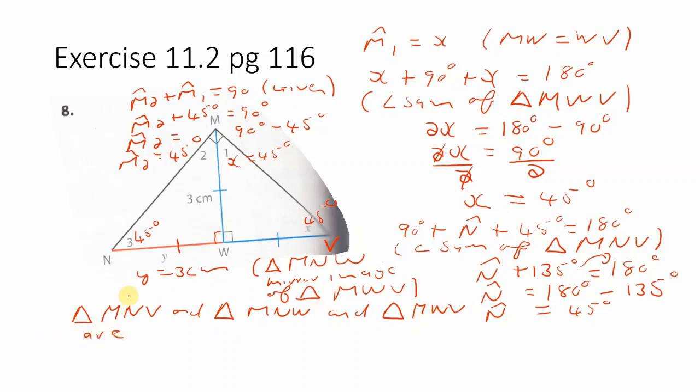are right angled, and since we have in each two sides that are equal in length, we can say are right angled isosceles triangles.